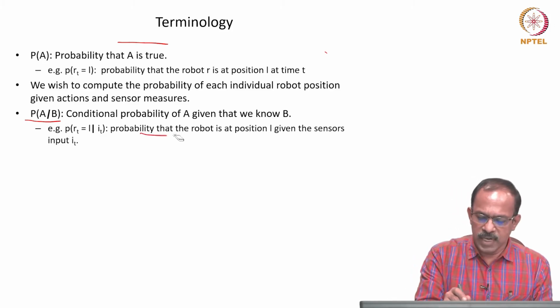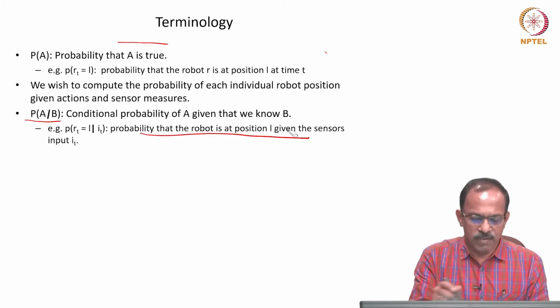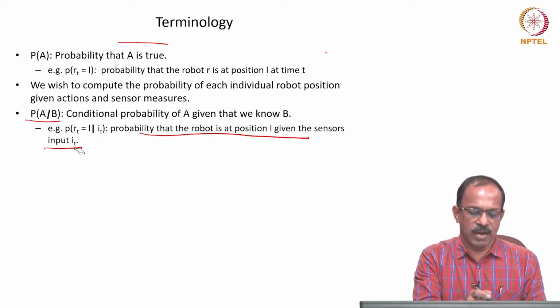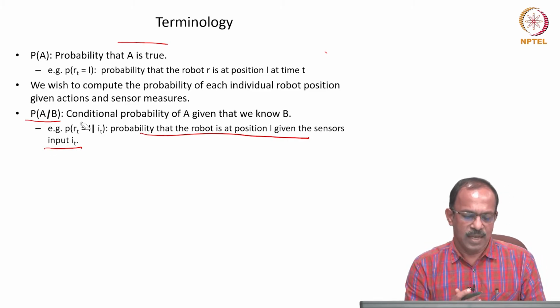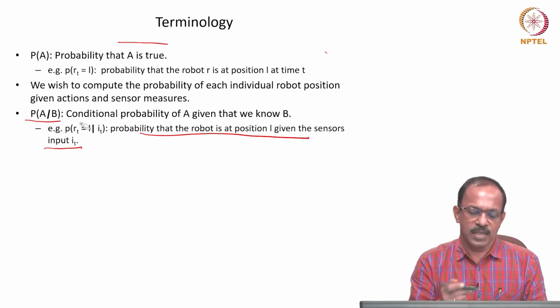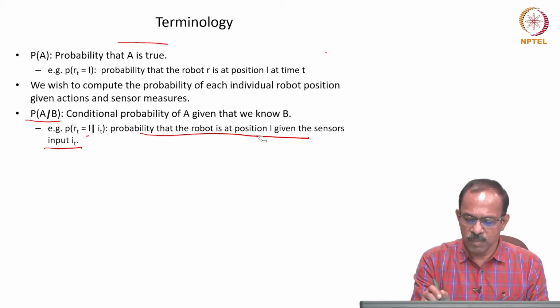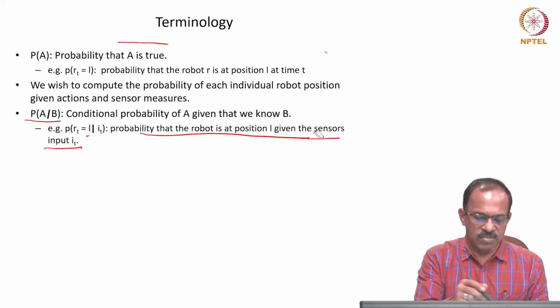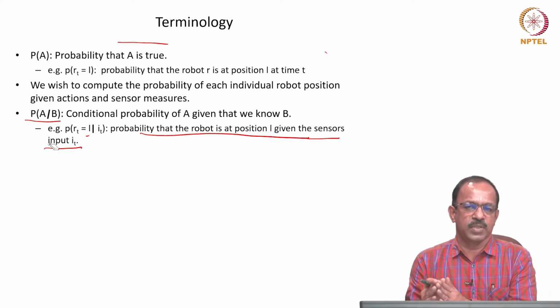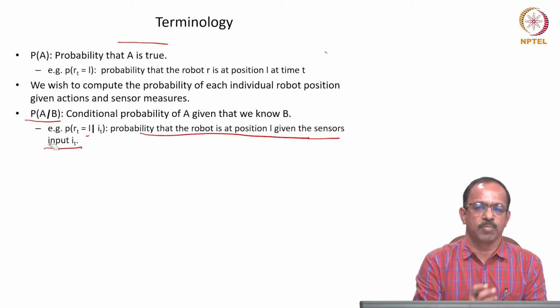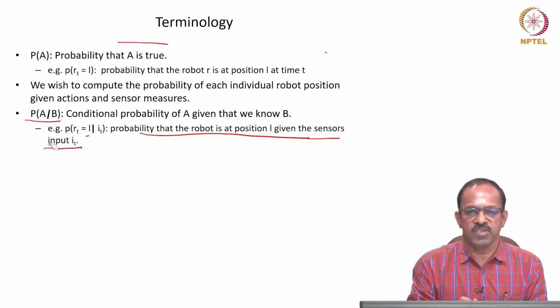Okay, so the probability that the robot is at position I given the sensor input I_t is given as P(r_t = I | i_t). So, we know something, and based on that we can get the probability; that is known as the conditional probability.